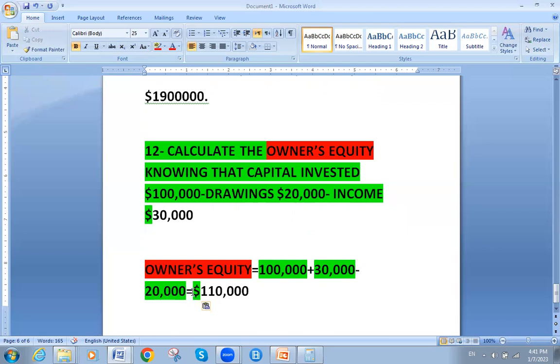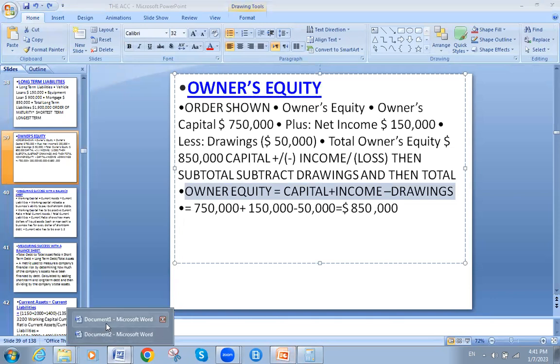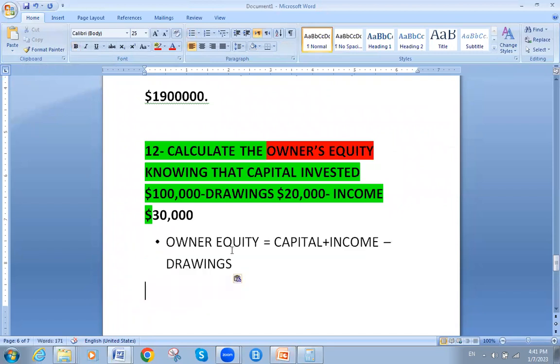So here we use the same equation which we had before. Let me put it for you in the solution first, at the top, so everyone can know how to do it. The owner's equity will equal, let me take the whole example down on one page.